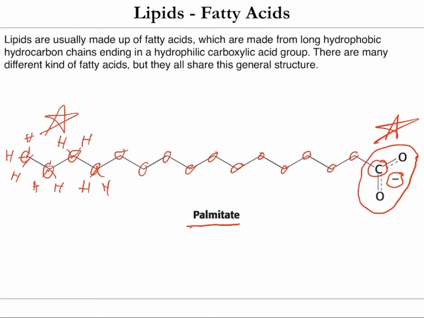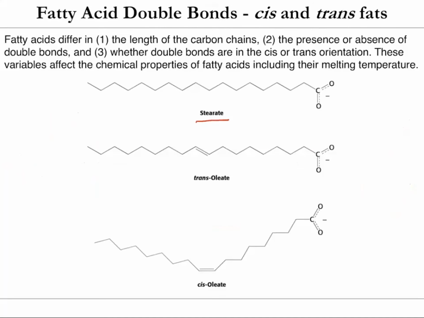So again, there are many different kinds of fatty acids, but they all share this general structure where they have this carboxylic acid group and then a long hydrocarbon chain. And this is the molecule that we looked at just now. It's stearate, made of this carboxylic acid group and then this long hydrocarbon chain. You can notice that there are no double bonds within this fatty acid chain.